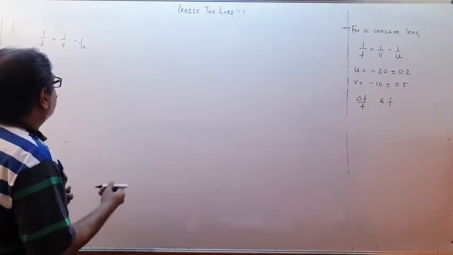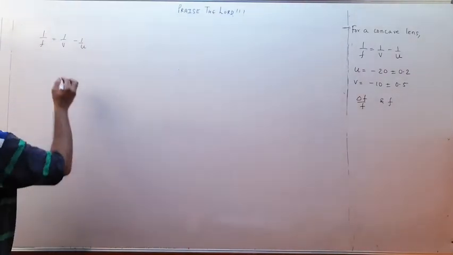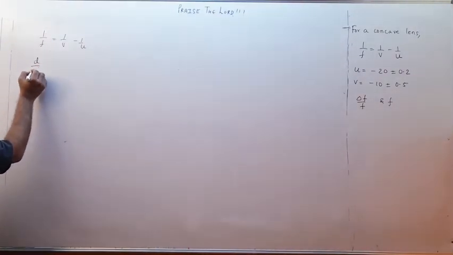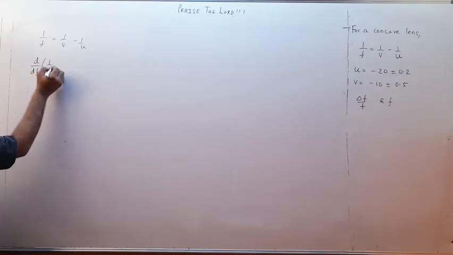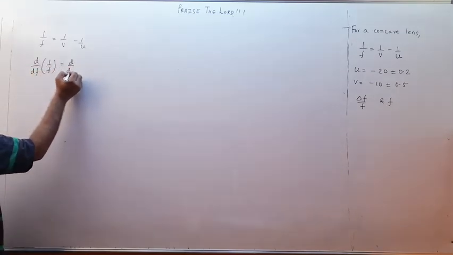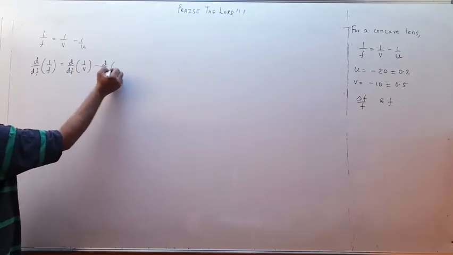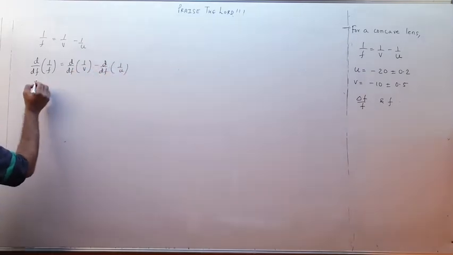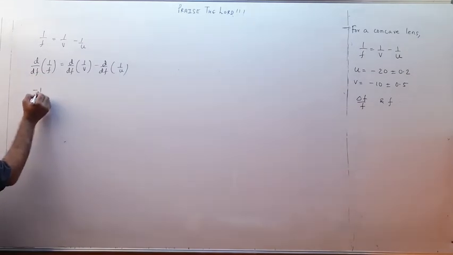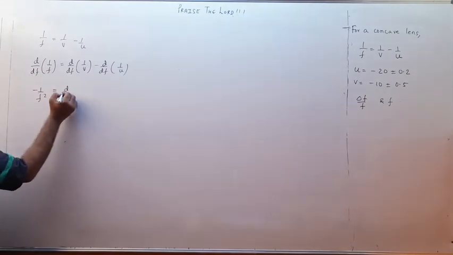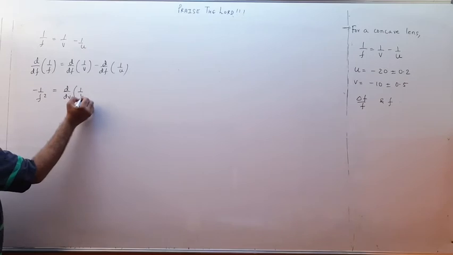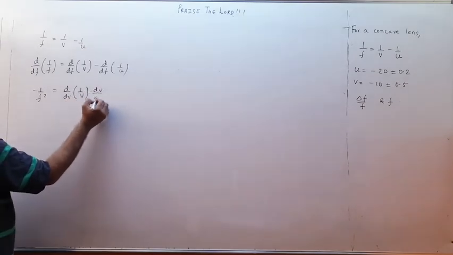So in this type of sum, if I apply derivatives, I take d by df. So d by df of 1 upon f is equal to d by df of 1 upon v minus d by df of 1 upon u. So d by df of 1 upon f will be minus 1 upon f square. D by dv of 1 upon v, dv upon df.